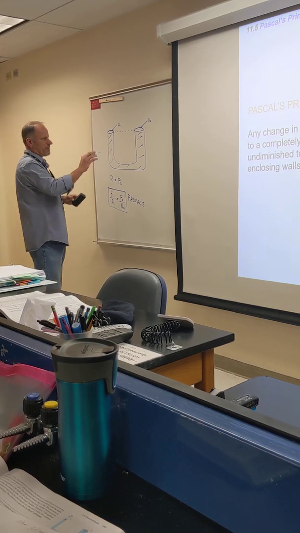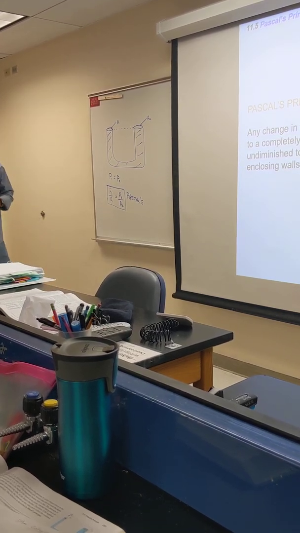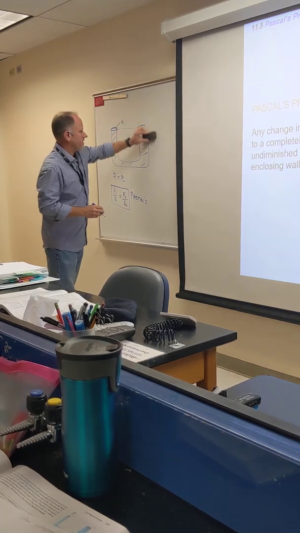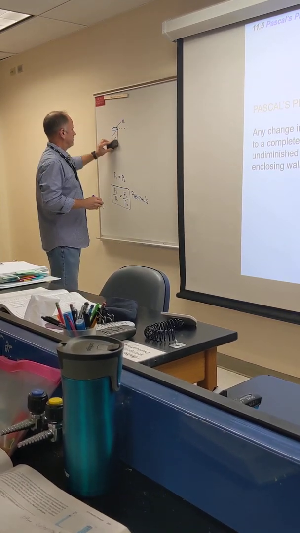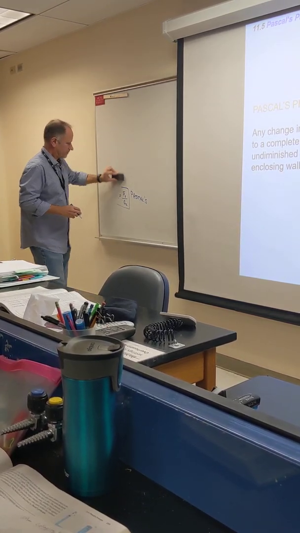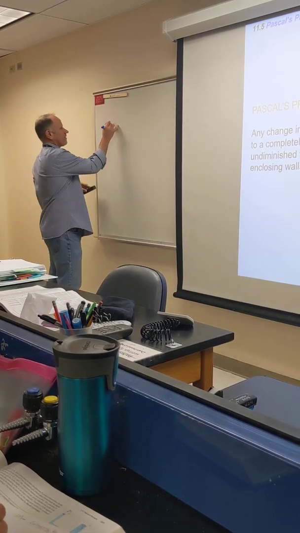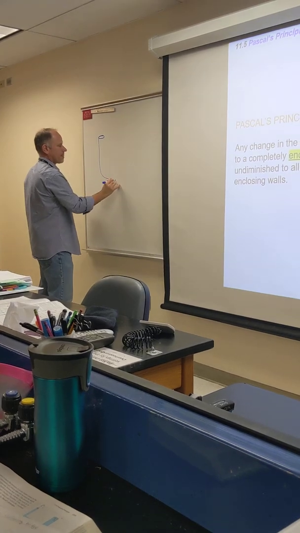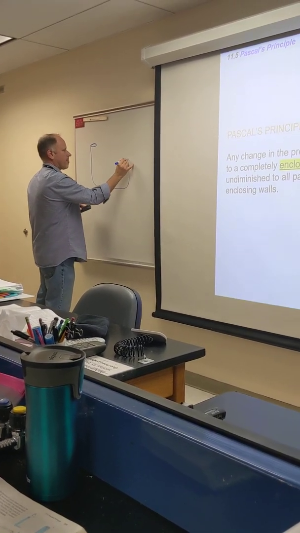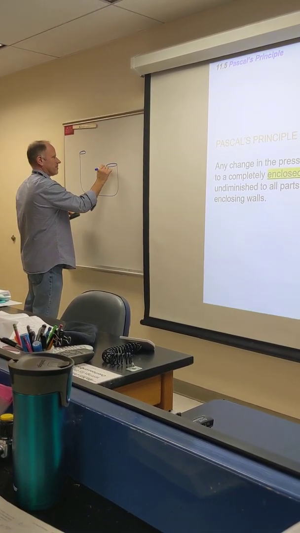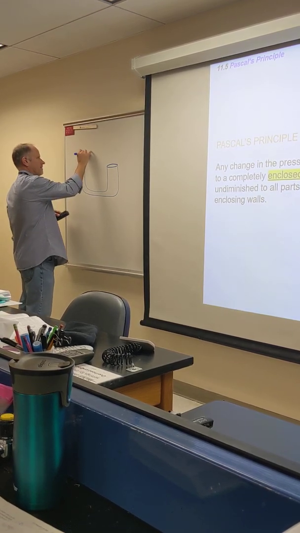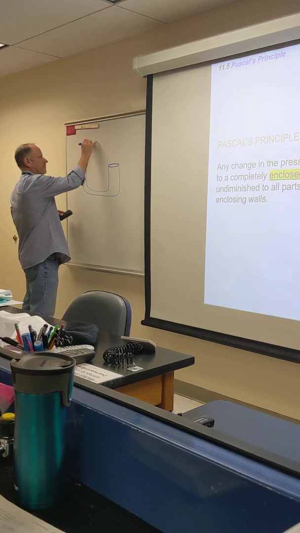All right, so I'm going to redraw this picture a little bit, and we'll analyze what's going on here if I don't get myself lost. All right, so I've got a small input piston. And this is my output piston. This is still A1.